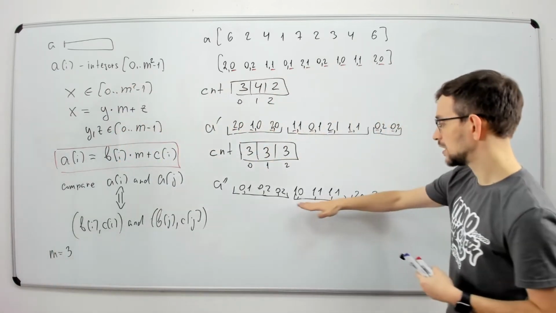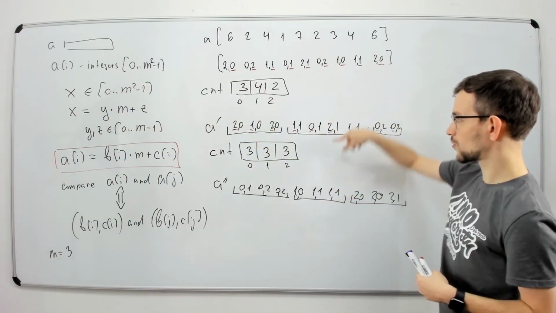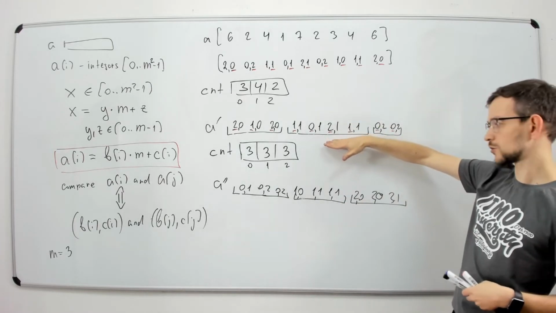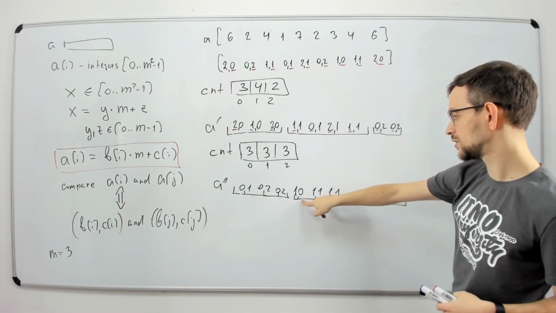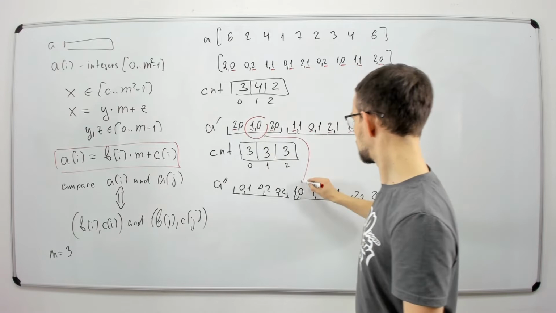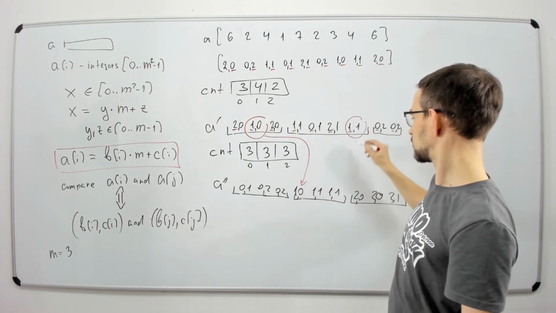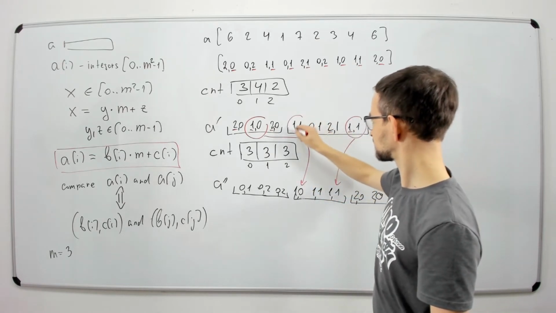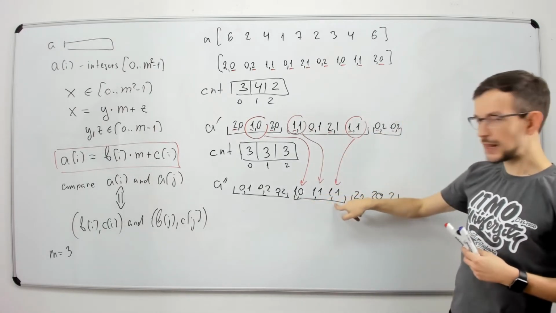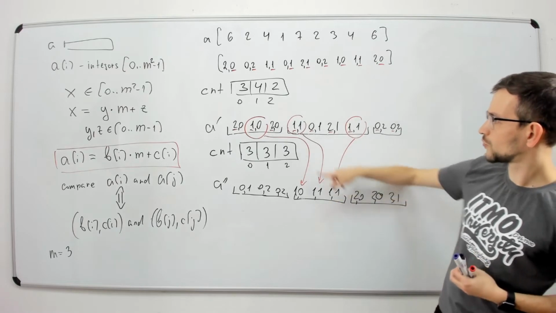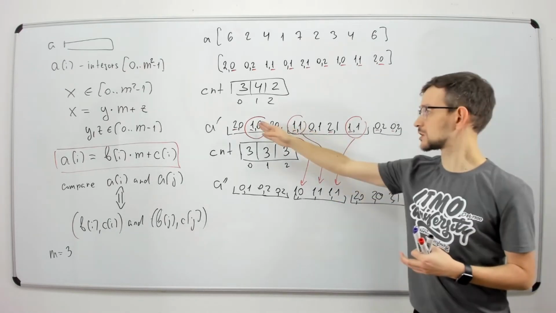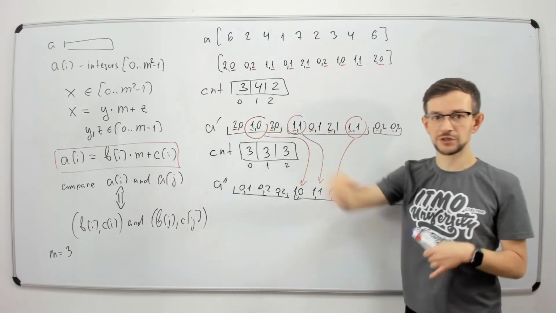It means that in this bucket, all elements go from the previous array in the same order we have them there. So if we have elements 1, 0 and 1, 1, then 1, 0 goes from here, and 1, 1 goes from here. And in the previous array, these buckets were sorted in increasing order.